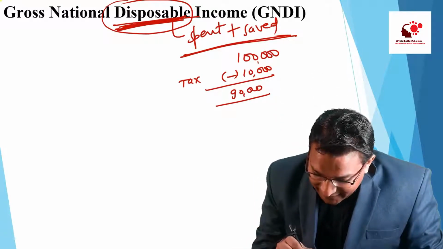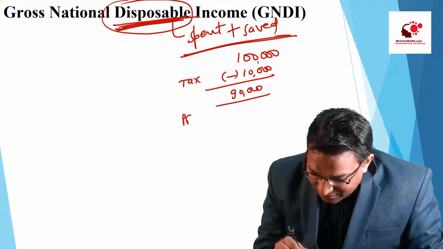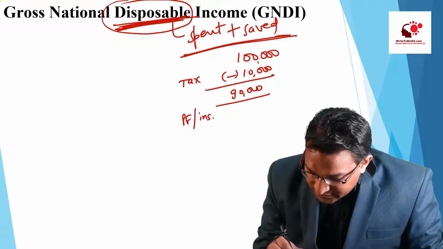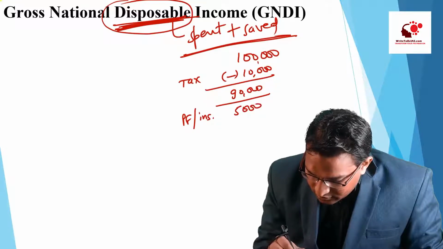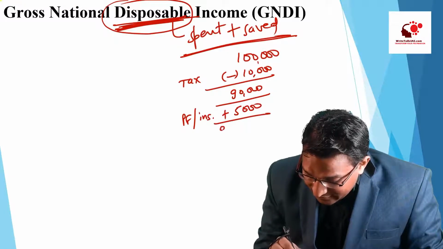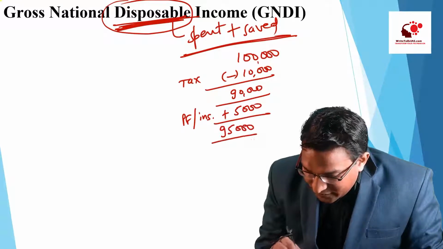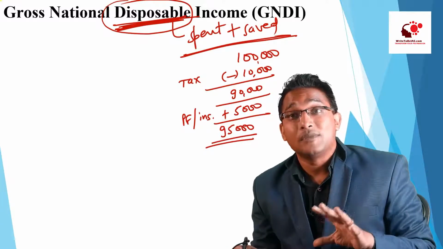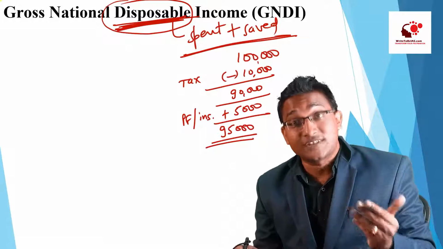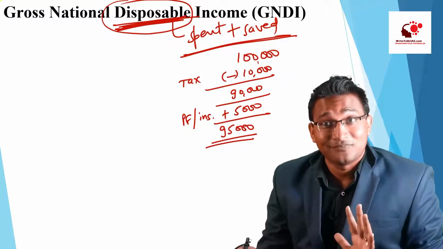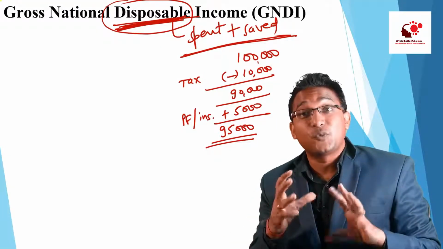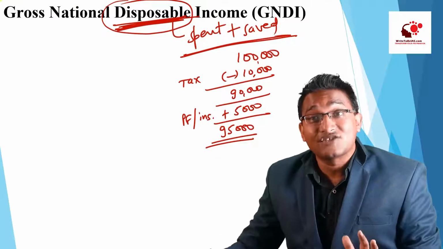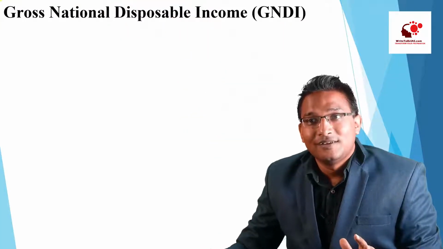However, at the same time, I get some amount from the PF or insurance. So this is my increase in the disposable income. So how much income can I spend or save? This is 95,000. So this is how disposable income is different from the national income, right?